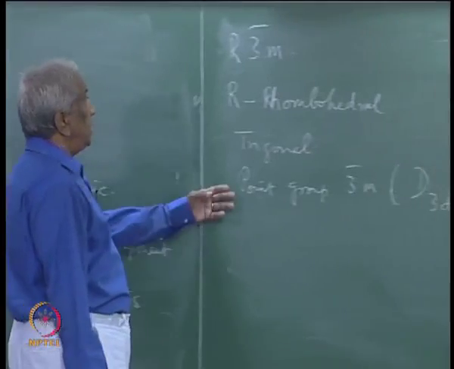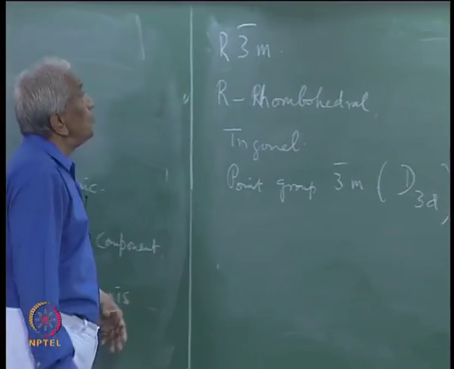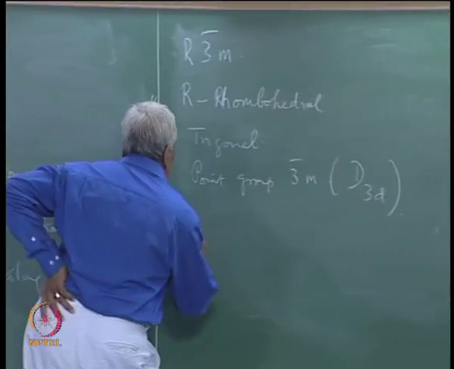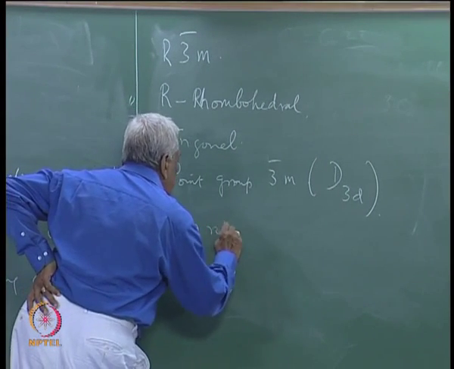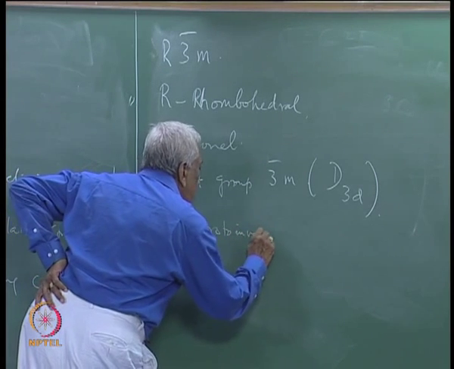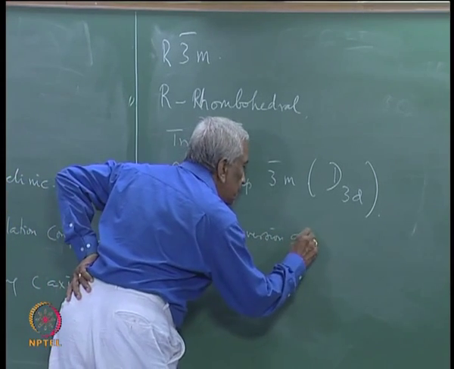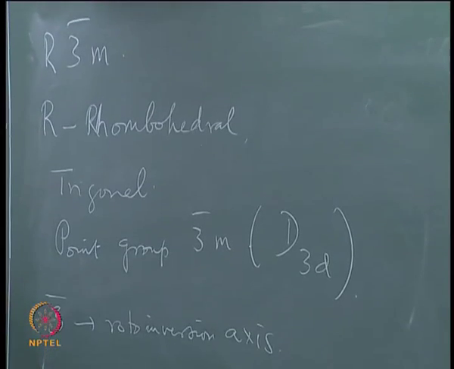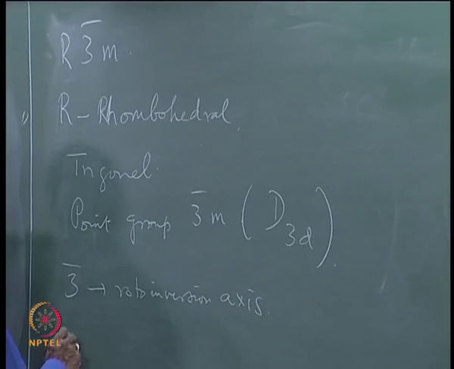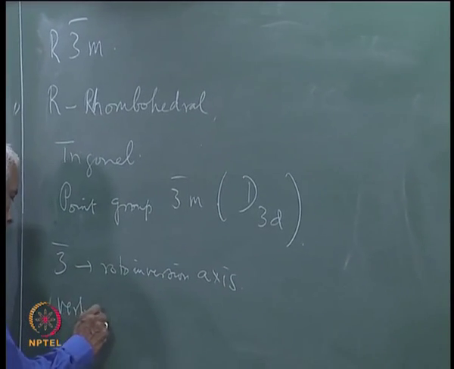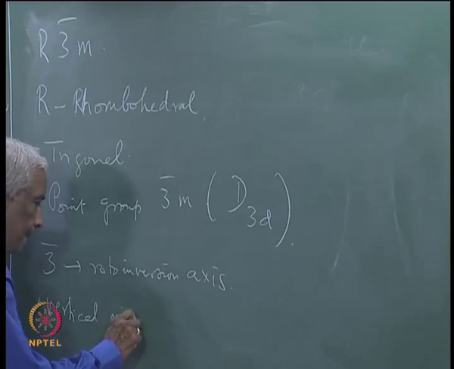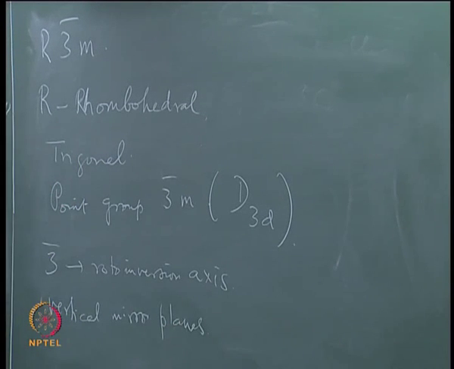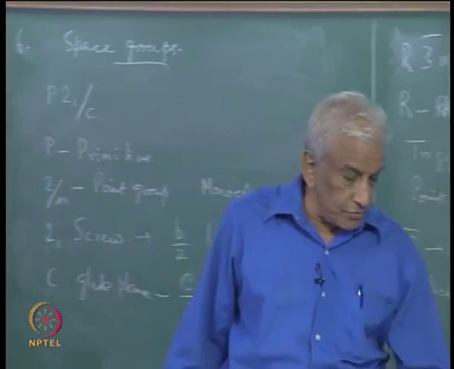So, the 3̄m means that there is a roto-inversion axis. 3̄ is a roto-inversion along the z, along the c axis, and then you have vertical mirror planes, pure mirror planes with no translation components, coinciding with the roto-inversion axis.